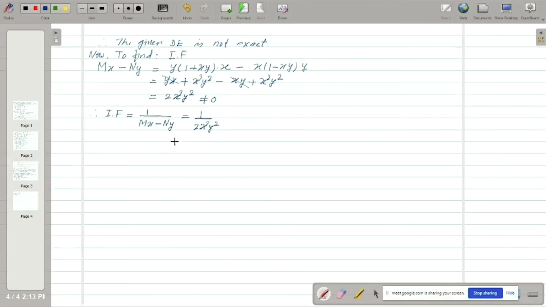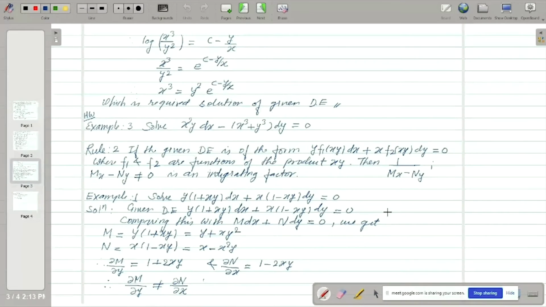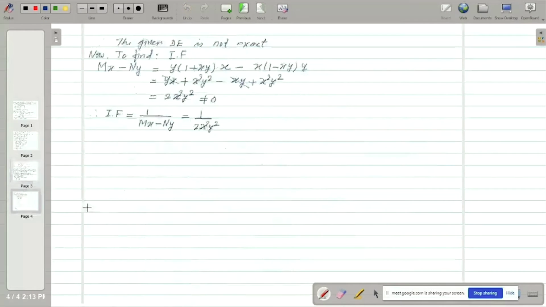Now multiply this integrating factor in the given differential equation, in equation star. So in equation number star, we multiply by the integrating factor, 1 upon 2x square y square.